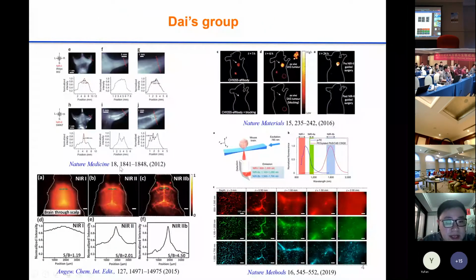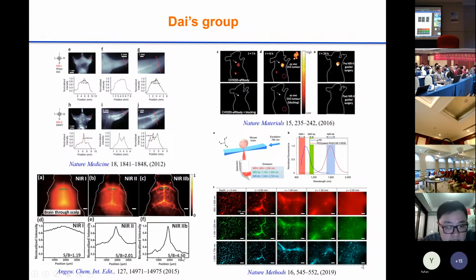In this Nature Medicine paper in 2012, Professor Dai's group successfully demonstrated that NIR-II fluorescence imaging has better performance than NIR-I fluorescence imaging. You can see that in spatial resolution, signal-to-background ratio, and depth, NIR-II fluorescence imaging outperforms NIR-I fluorescence imaging.